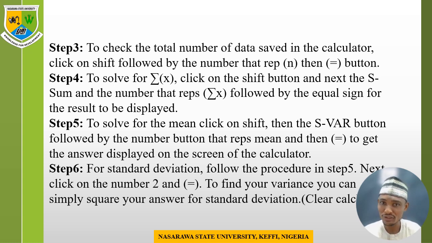Now, to solve for the mean, just click on shift, then the x var button followed by the number button that represents your mean, then the equal sign, and you get the answer displayed on the calculator. Also for the standard deviation, you follow this procedure in step 5 above, then click on the number 2 and then the equal sign, and find the variance and so on.